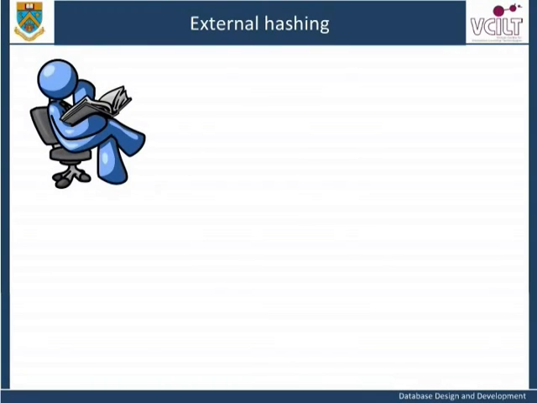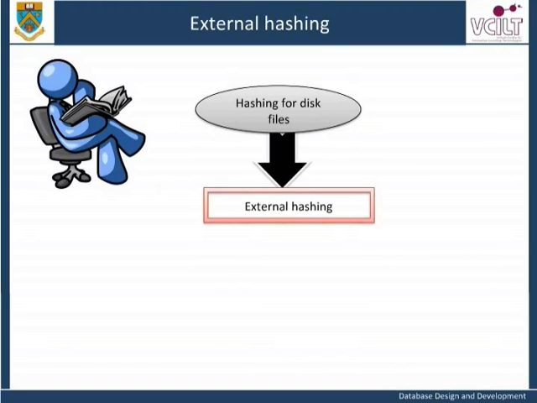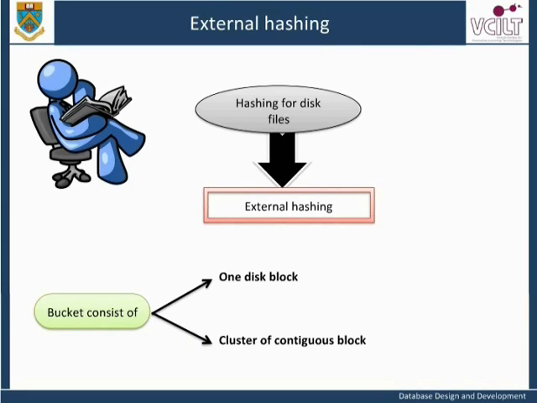External hashing. Hashing for disk files is called external hashing. To suit the characteristics of disk storage, the hash address space is made of buckets. Each bucket consists of either one disk block or a cluster of contiguous blocks and can accommodate a certain number of records.